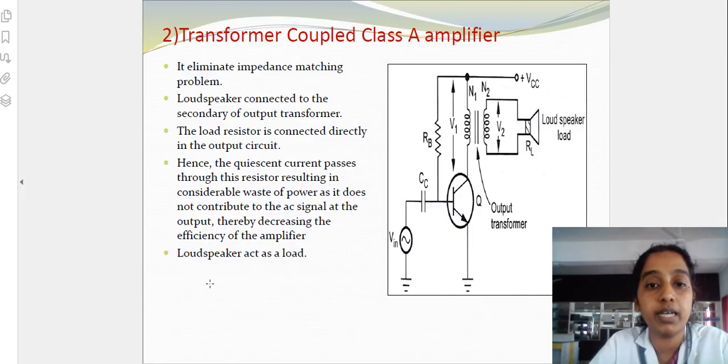If the load is connected directly to the output circuit, the current passes through the resistor, resulting in considerable wastage of power as it does not contribute to the AC signal, and thereby this may decrease the efficiency of the amplifier, and hence we are using a loudspeaker as a load.